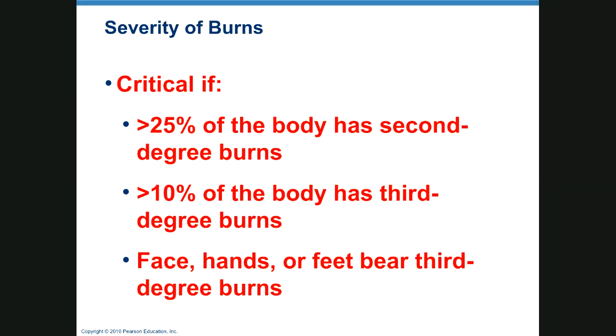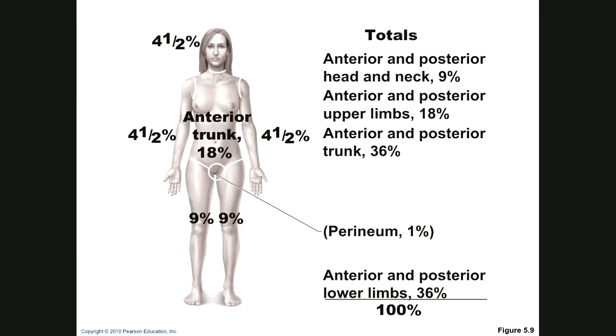A burn is considered critical if more than 25% of the body has a second-degree burn. So 25% of the body with a second-degree burn will be considered critical. And critical means the patient is at a danger for infections, dehydration, electrolyte imbalance, which could lead to kidney damage and low blood pressure.